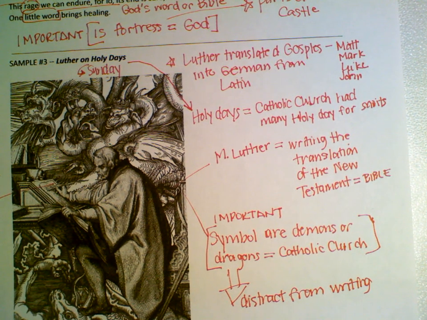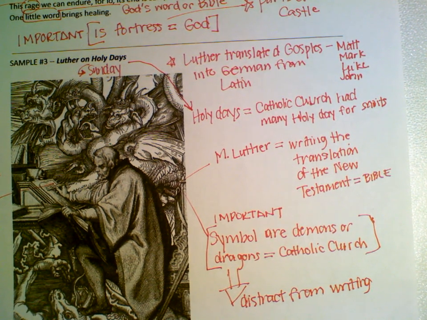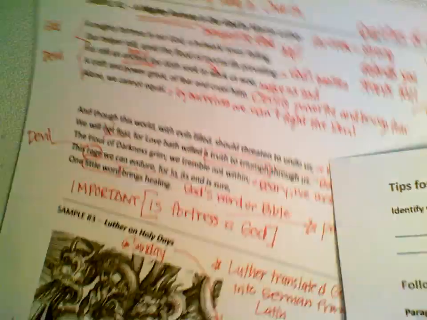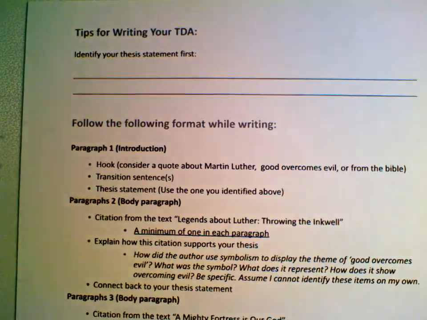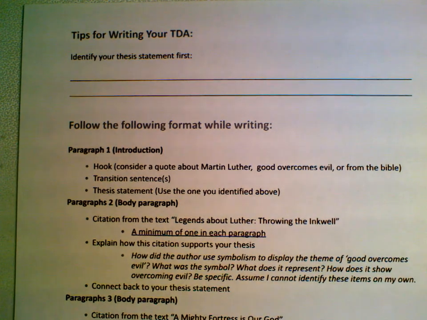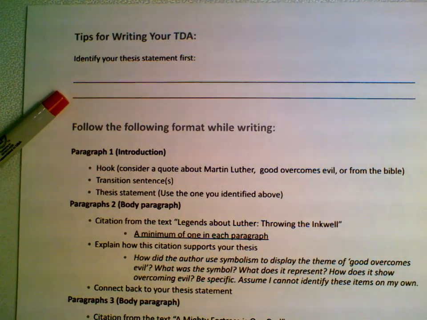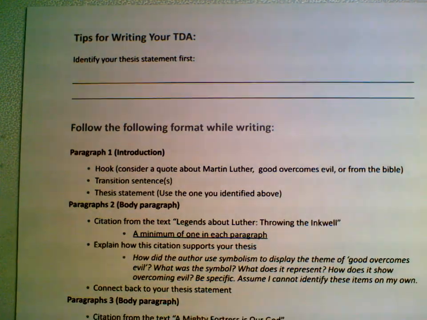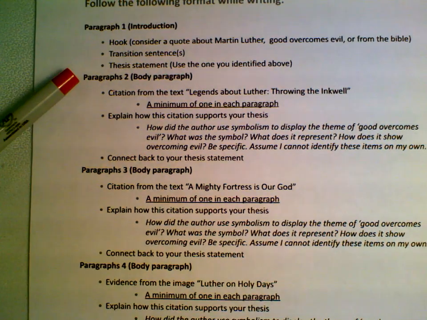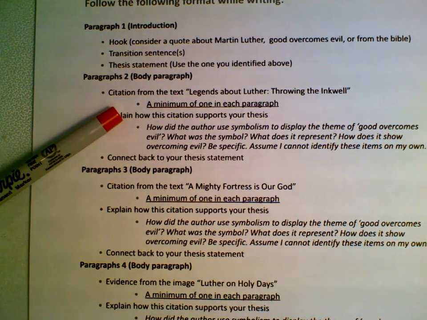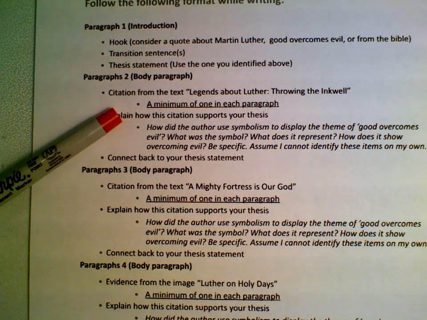So we have three different samples, three different things that we kind of went over. And then Mrs. Prue and Mrs. Shepherd created for you a section here about what you need to be doing in each one of your paragraphs. So the first thing that she wants you to do is identify your thesis statement. And then she has your 5 paragraphs laid out perfectly here. Introduction, body, conclusion. So in this case, the first one is about Luther and the inkwell.